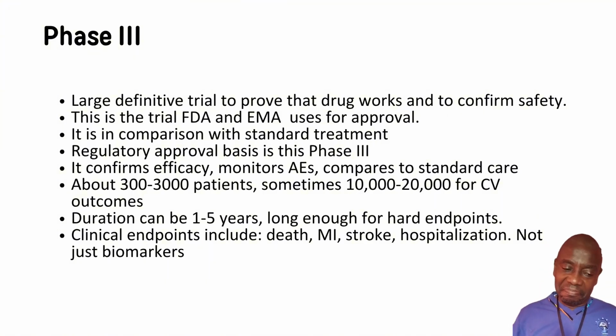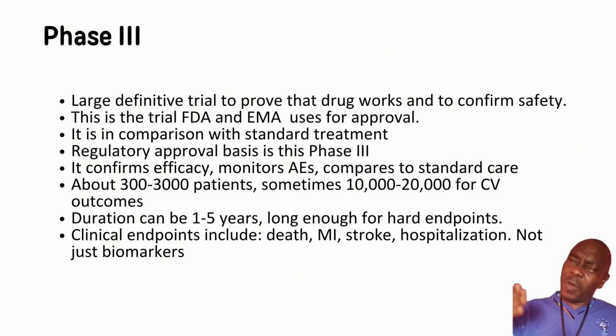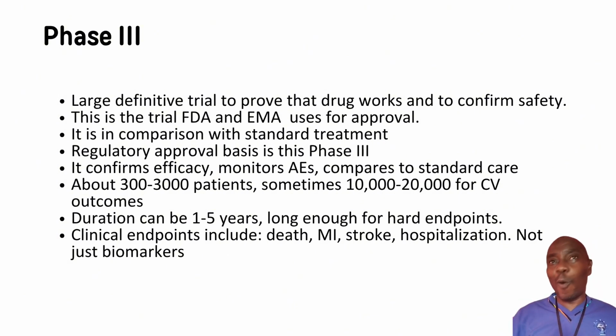And so it's long enough to ascertain the endpoints that we have. And then we also appreciate the issue of hard endpoints here. For example, we want to find out whether this drug, through adverse events, leads to death. How many people actually died during that study? So we can use that to say whether the drug should be given approval or not.